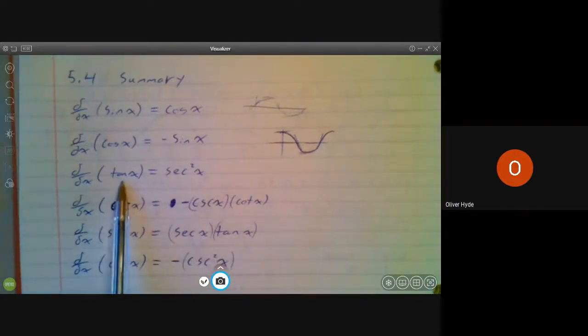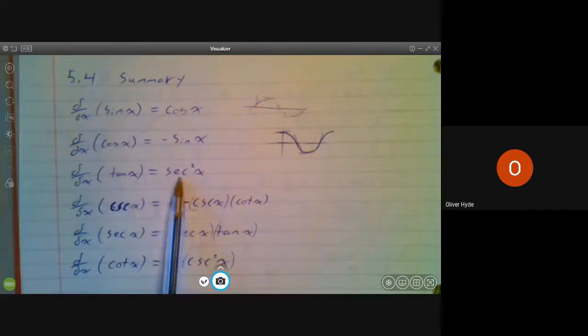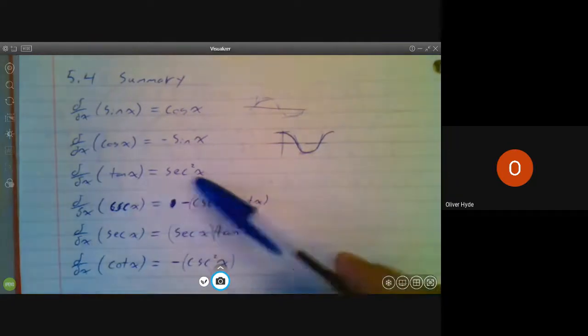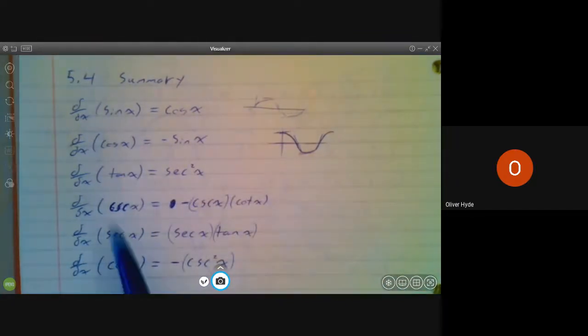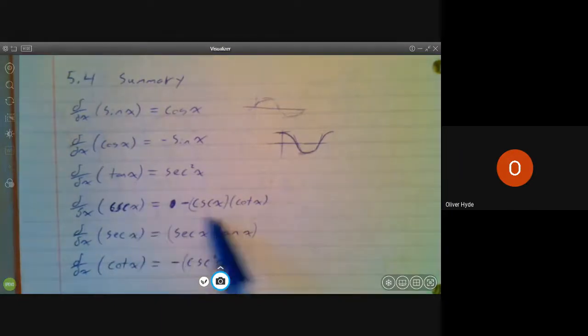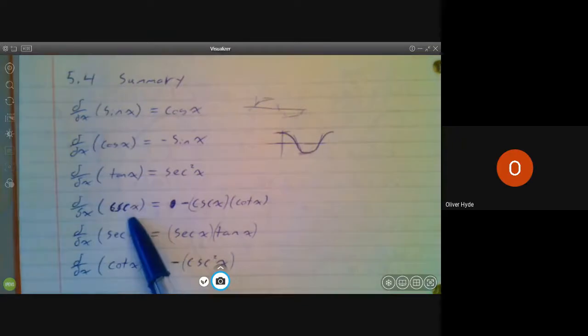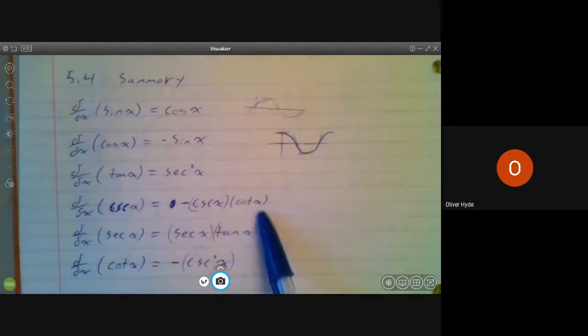Memory aids. The tangent function has a factor of the cosine of x in the denominator. So does the secant of x. Notice that all of the other derivatives have two factors, either two identical factors or two different factors. The derivative of the cosecant of x has a factor of the cosecant of x. Cosecant of x has a factor of the sine of x in its denominator, so does the cotangent of x.